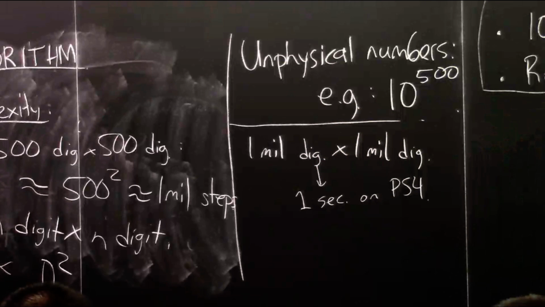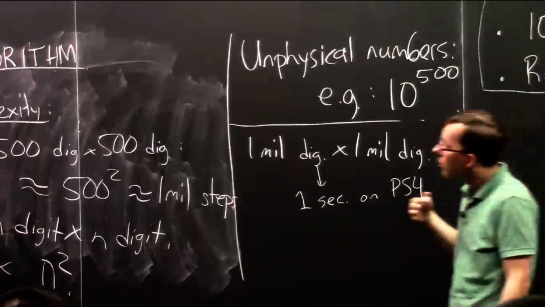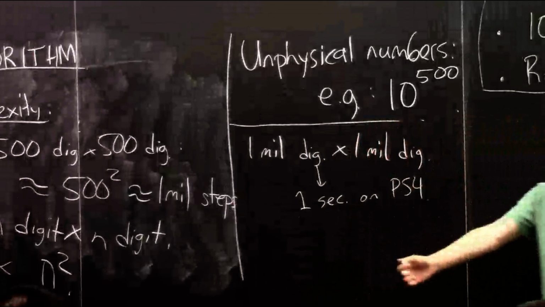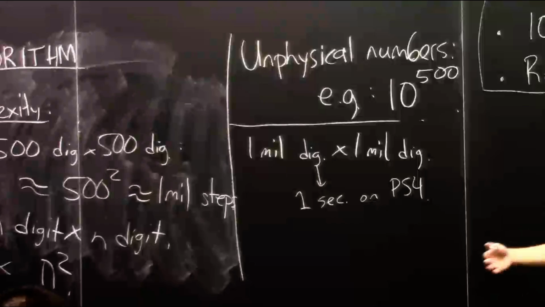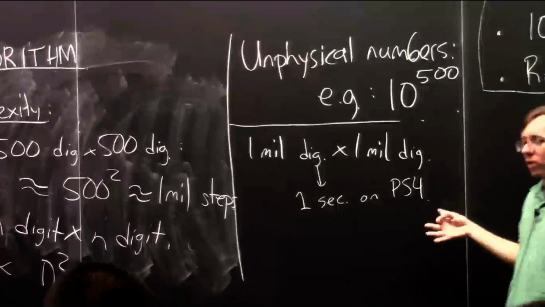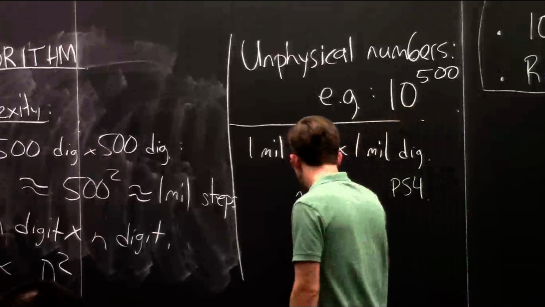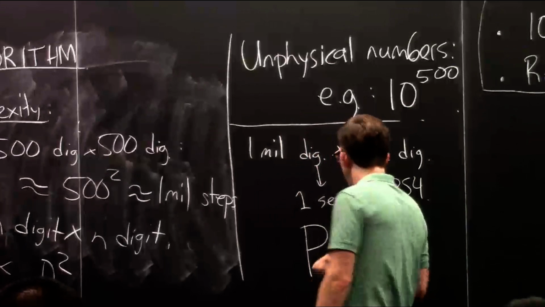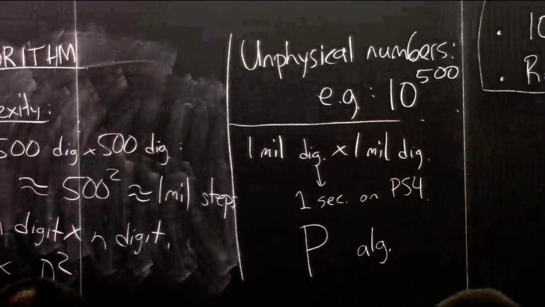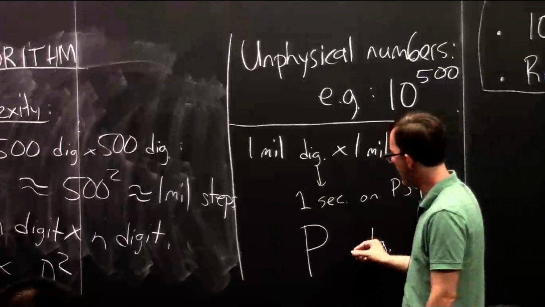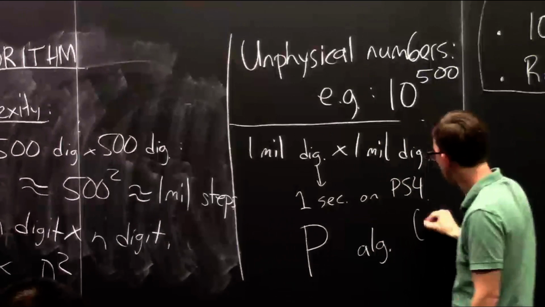So what I'm trying to say is, for a reasonably physical size of an input, you can write down 1 million digits on a computer. The answer will be 2 million digits, and the number of steps it takes will also be a physical quantity. So we call this a P algorithm. You can think of P as standing for physical if you like, or you can think of it as what it actually stands for in theoretical computer science, polynomial.